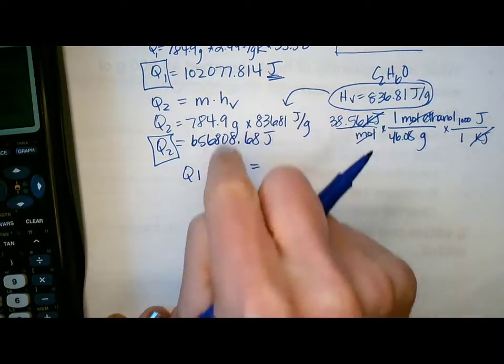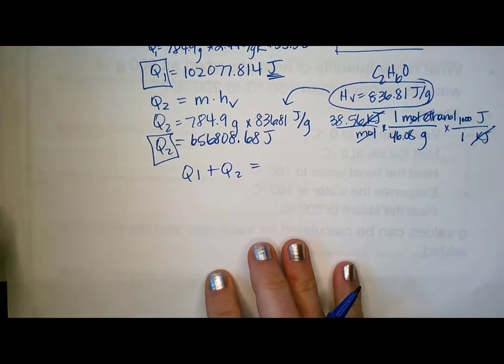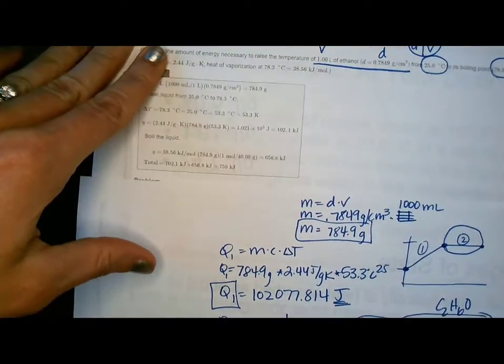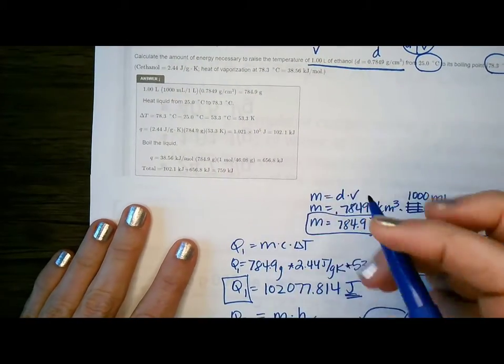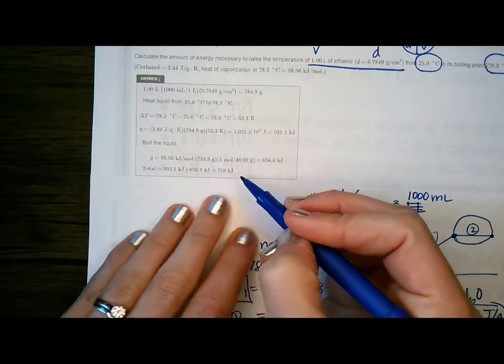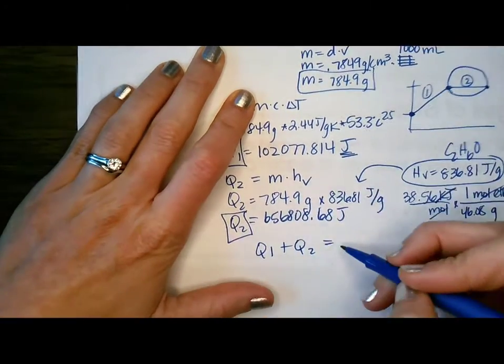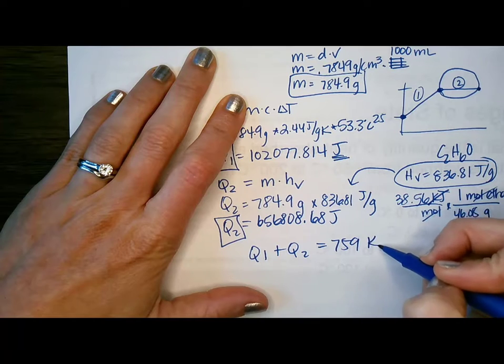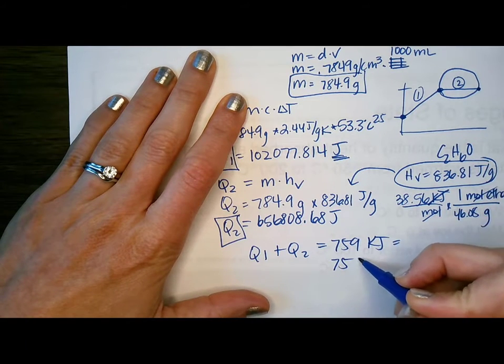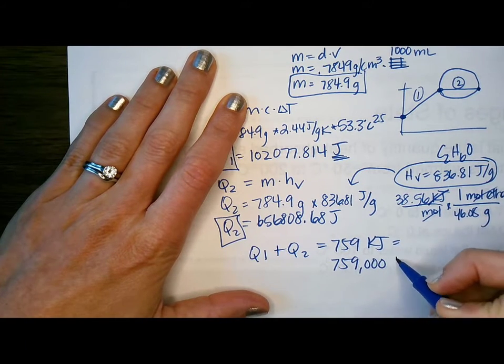And when we add up our two values, we should get 759 kilojoules, which is equal to 759,000 joules.